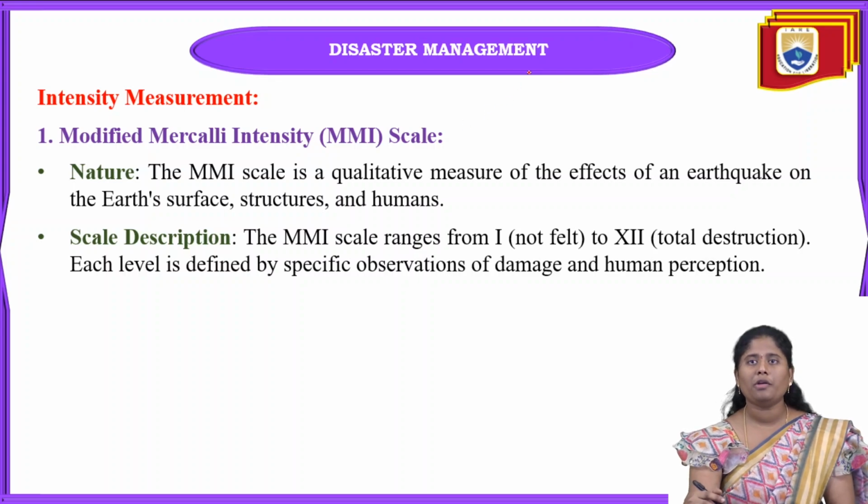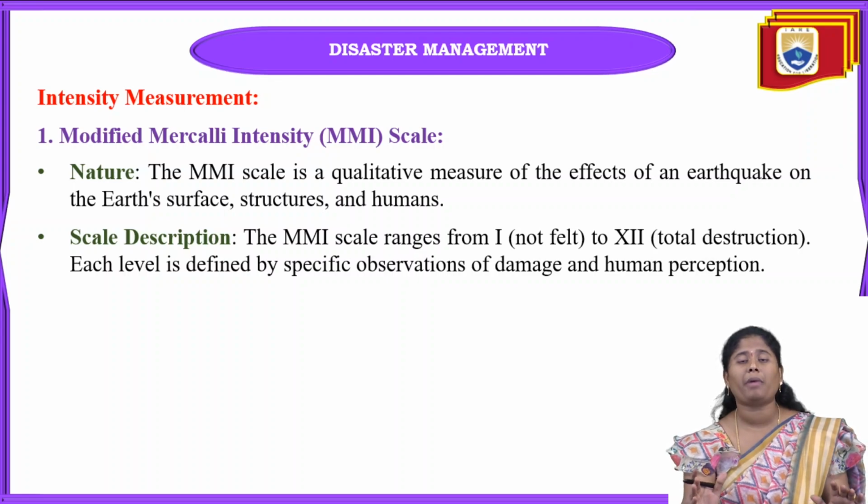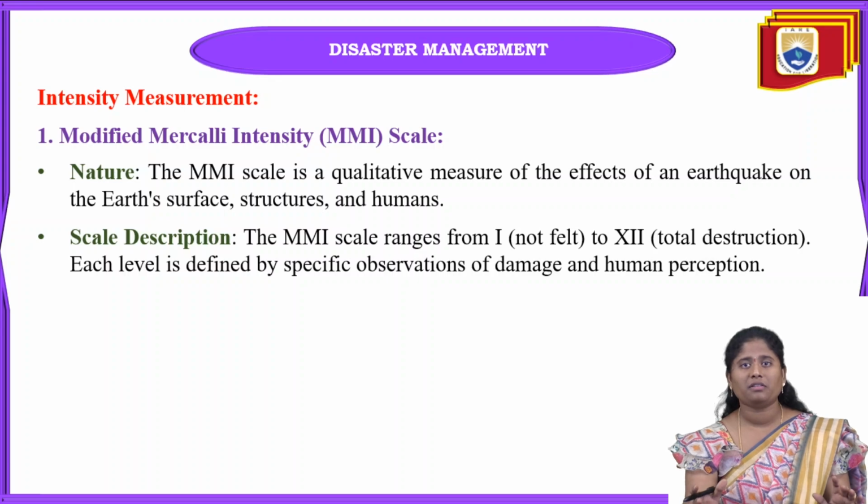First one is the modified Mercalli intensity scale, and in this one, what we are going to measure is the qualitative measure of the effects of the earthquake on the earth surface, and also structures, and also humans. After completion of this earthquake, we have to measure how many people died and at what magnitude that earthquake occurred.